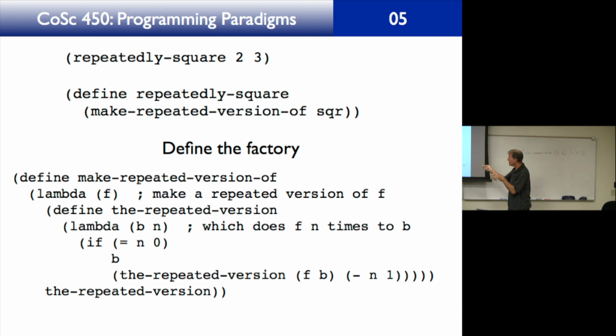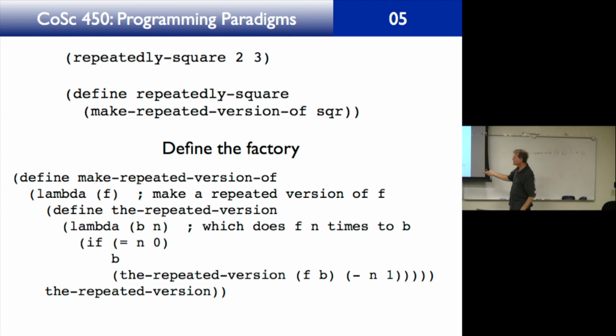Up here, when you say define repeatedly square, this is what calls make repeated version of, and it returns. This is not a call of the repeated version. It's returning the repeated version.